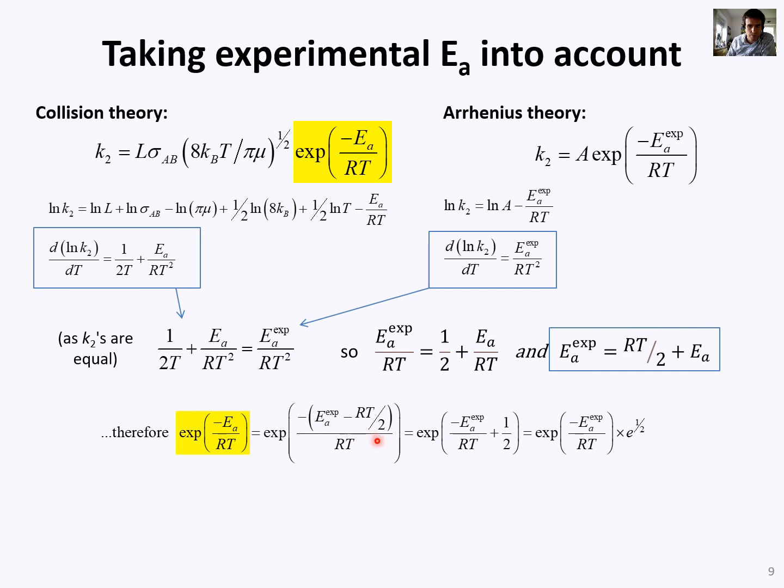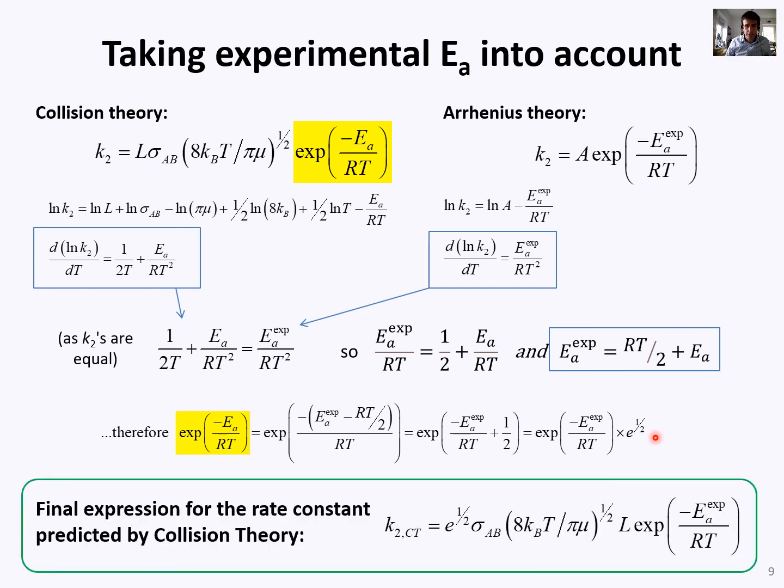And if we then simplify, we end up with the exponential term that you get in the Arrhenius theory multiplied by the exponential of a half, or e to the half. Okay, so that's where that e to the half term comes from in that collision theory equation that I said at the start, and this then is the final expression for the rate constant predicted by collision theory, and this is the one that you should use if you're doing any calculations on collision theory.